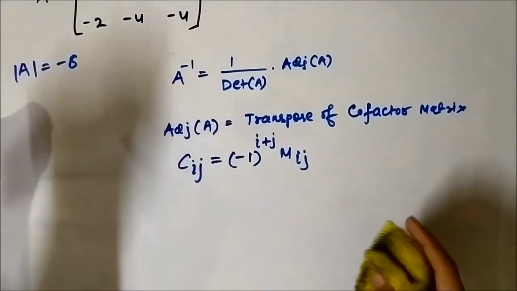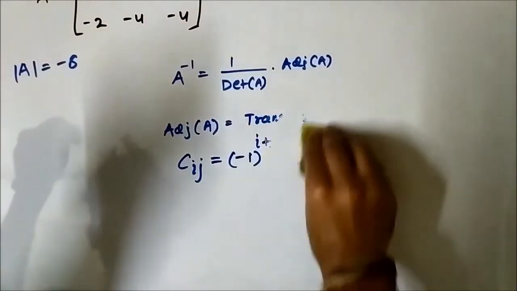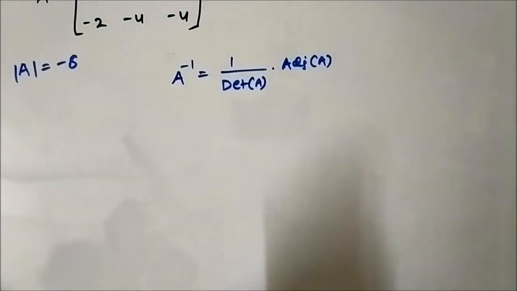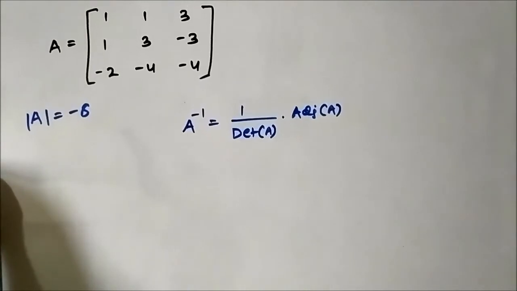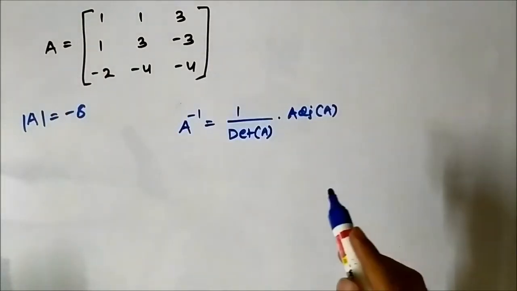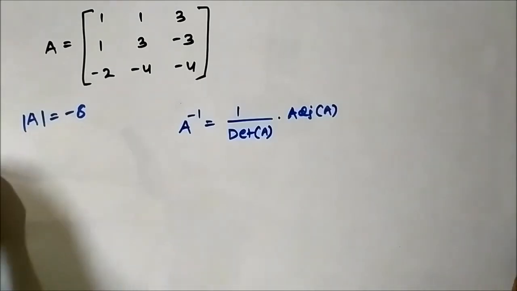I have already calculated the adjoint of this matrix, so I will not go step by step into determining first the minors, then the cofactors and the adjoint.